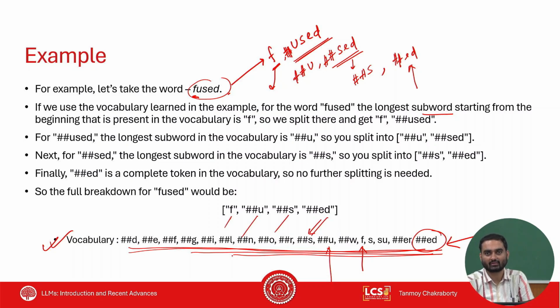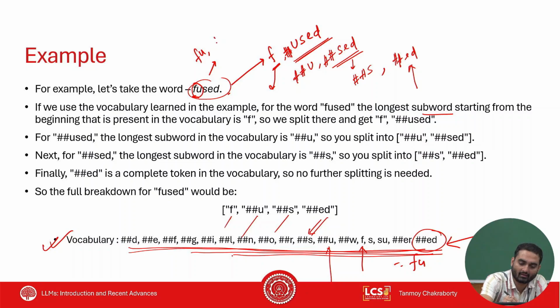We haven't used any merging rules. What we did here is a very simple idea. Given a word, we start from the beginning and look at the longest subword present in the vocabulary. Hypothetically, if the token "ifu" was also present in the vocabulary, then the tokens would have been "ifu", "##sed".